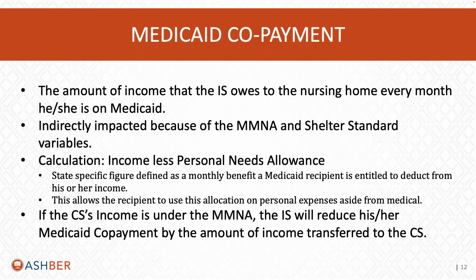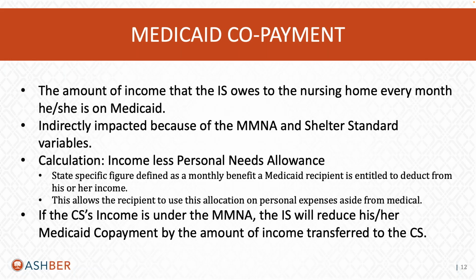This number is not very high. I would say it ranges anywhere from $30 to maybe $150, depending on what state you're in, but more so it's probably between 30 and 80. And this number doesn't often change from year to year, but it is something that the client would have the ability to utilize if they choose to.